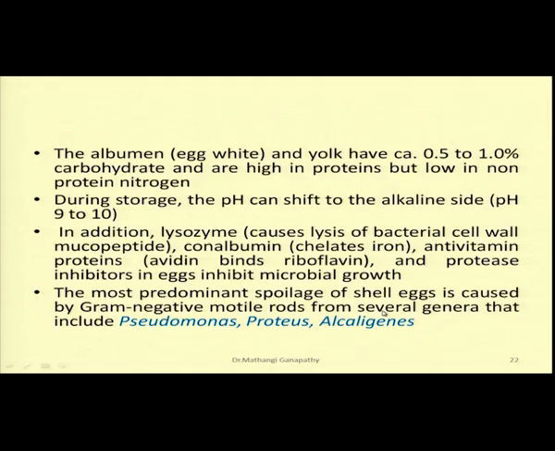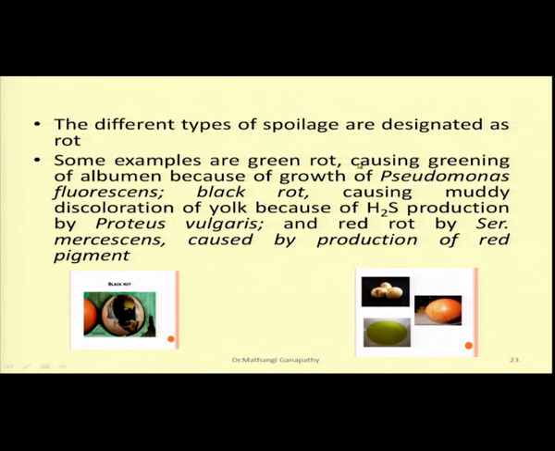The most predominant spoilage of shell eggs is caused by gram-negative motile rods from several genera that include Pseudomonas, Proteus, and Alcaligenes. And the different types of spoilage which we see, we designate them as rots. For example, the green rot causes the greening of the albumin because of the growth of Pseudomonas fluorescens.